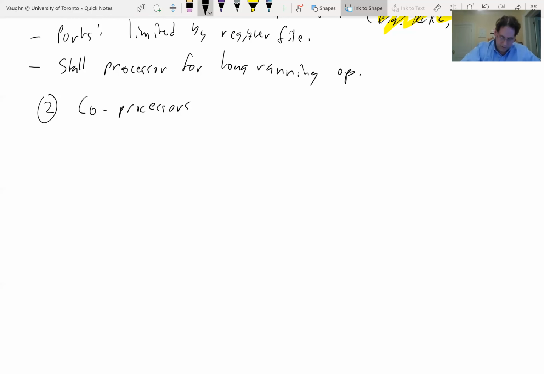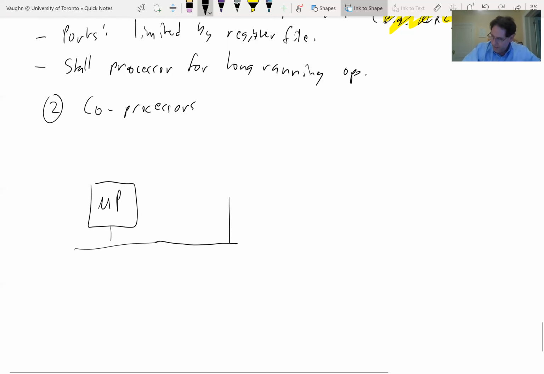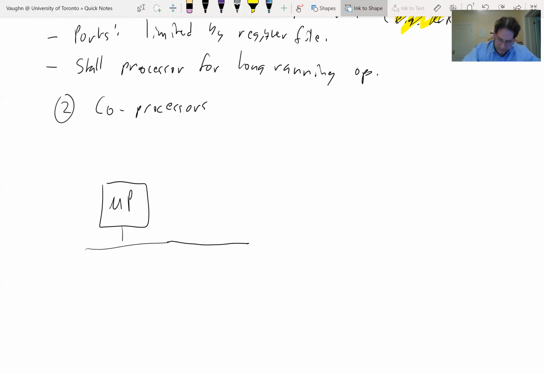So what does it look like? So they're not as closely coupled. You have your microprocessor, could be a hard microprocessor, could be a soft microprocessor, and you create whatever custom hardware you want, you call it a coprocessor. And that coprocessor can connect to memory.